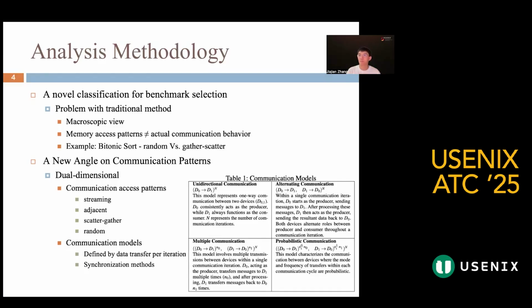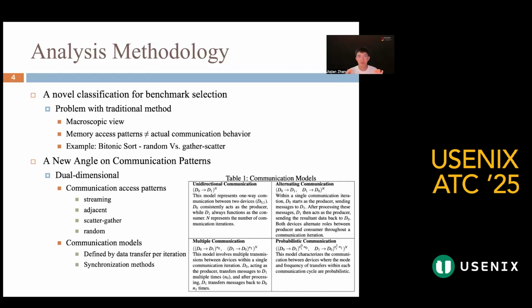For example, the bitonic sort algorithm uses a random memory access pattern. However, its inter-device communication, essentially for the global merging phase, mainly shows a gather-scatter pattern.